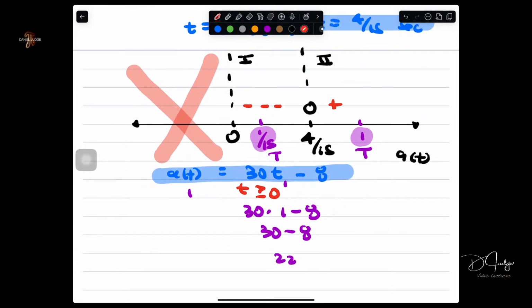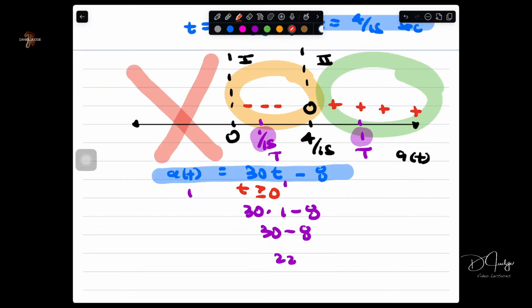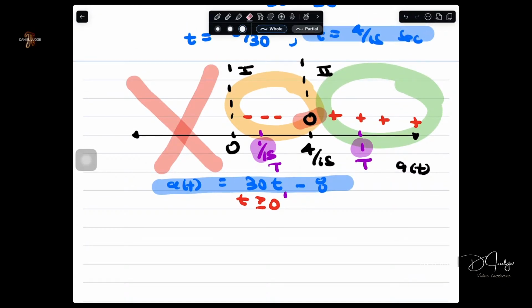Region 2 is positive for acceleration. So we're being pulled to the right in region 2, and we're being pulled to the left in region 1. There is no pull when t is 4/15. So ladies and gentlemen, we're ready to formally answer our push and pull, really acceleration questions.